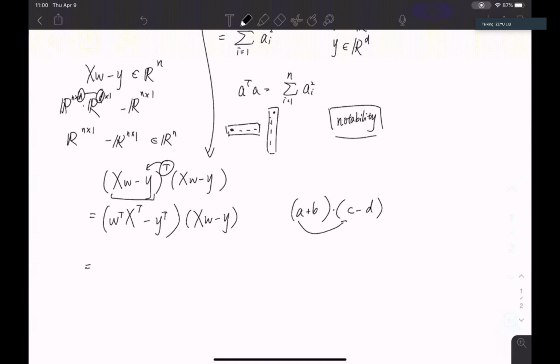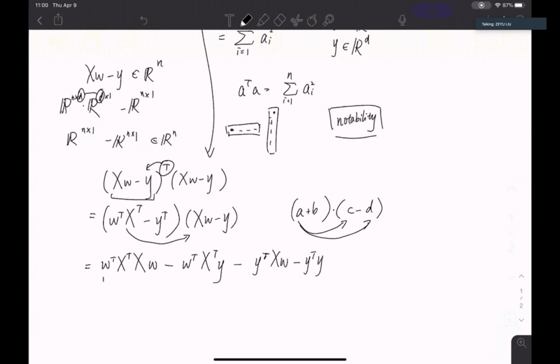So we'll have A times C, A times D. So we'll do that. W transpose X transpose times XW minus W transpose times X transpose times Y. And then similar for Y. Cool.